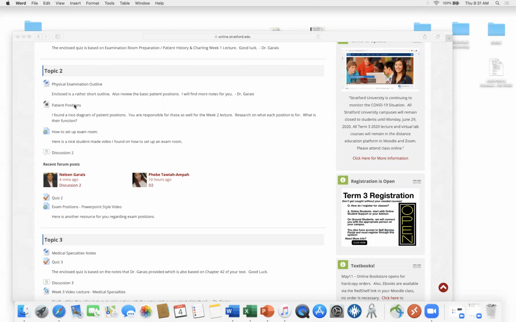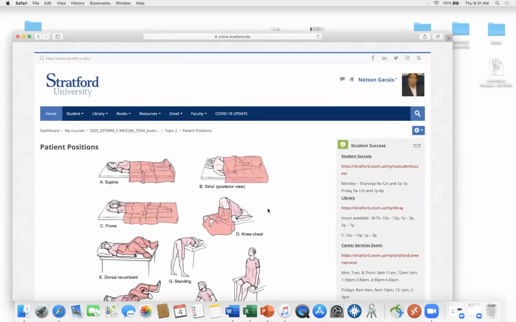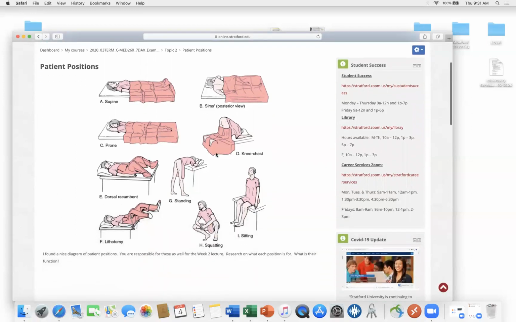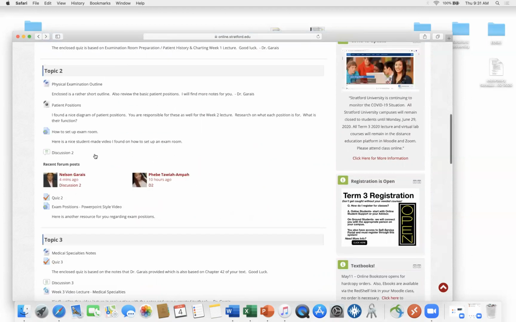Oh, I even put a nice picture here. I didn't know I did that. Here's this nice picture, so you know your positions, and kindly look up the more common things for each one. I like this picture too, because it also properly shows the draping, how you properly drape your patient, in pink right there.